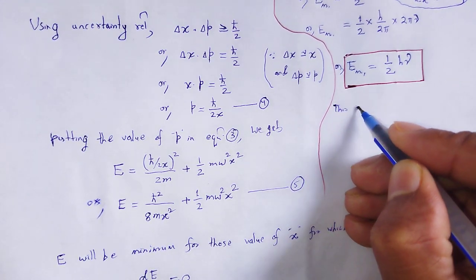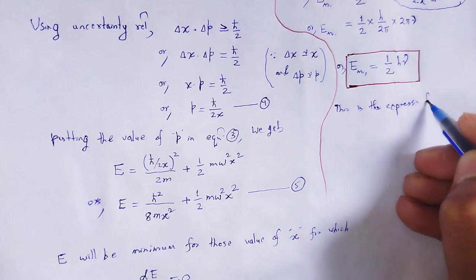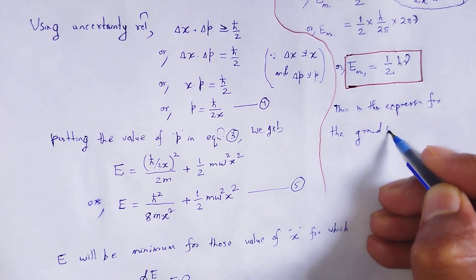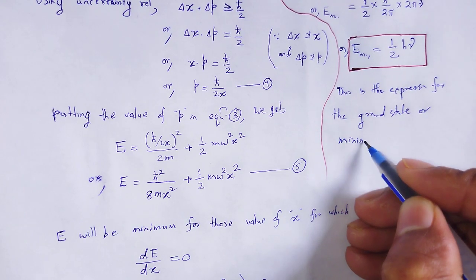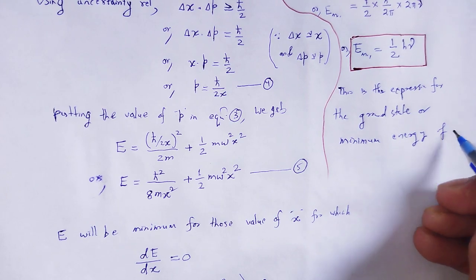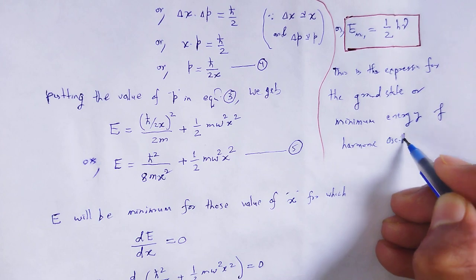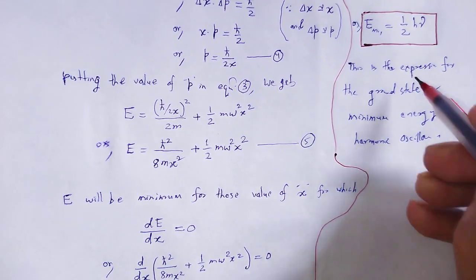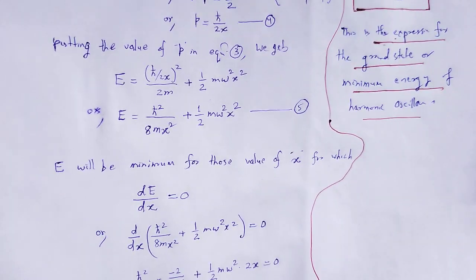This is the expression for the ground state energy, or we can say minimum energy of harmonic oscillator.